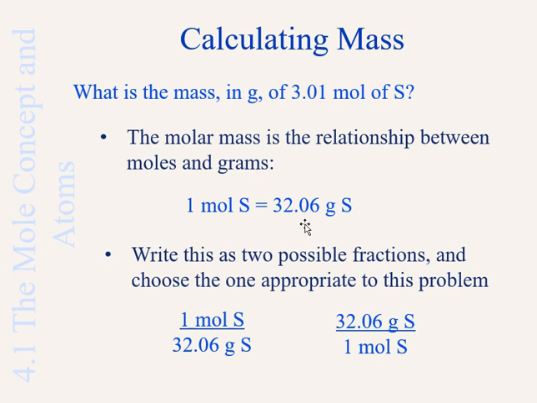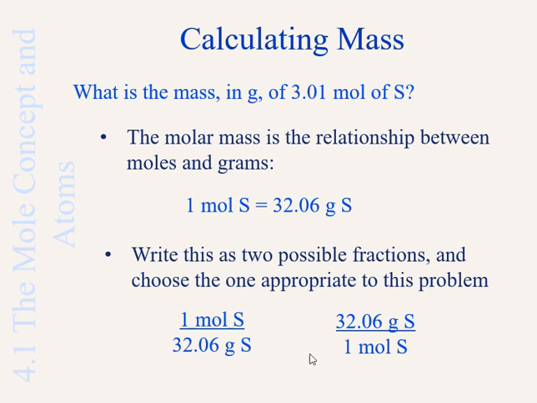One atom of sulfur weighs 32.06 AMUs. But like I said in this video, the molar mass is the mass of 1 mole, and it's the same number as the AMU mass, but in units of grams. So 1 mole of sulfur weighs 32.06 grams of sulfur. That's your relationship, and these are the two conversion factors that you get.